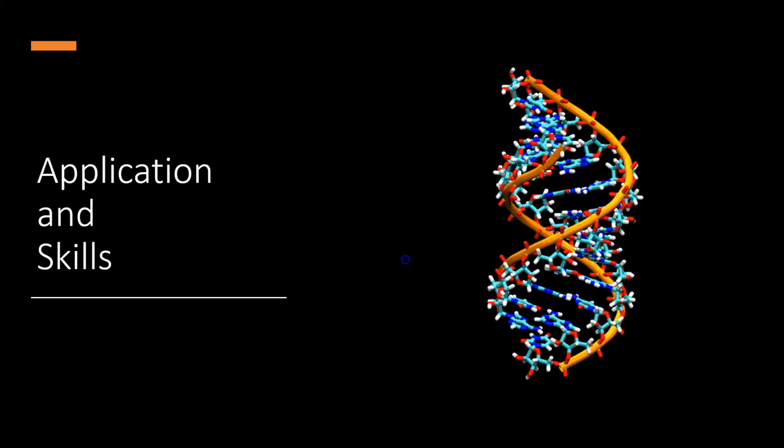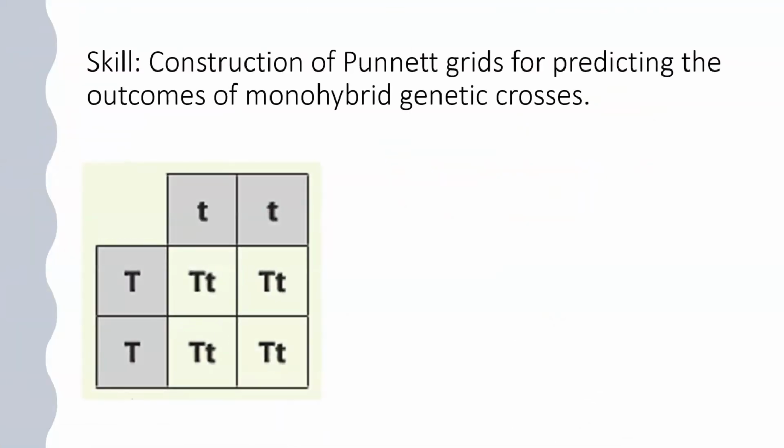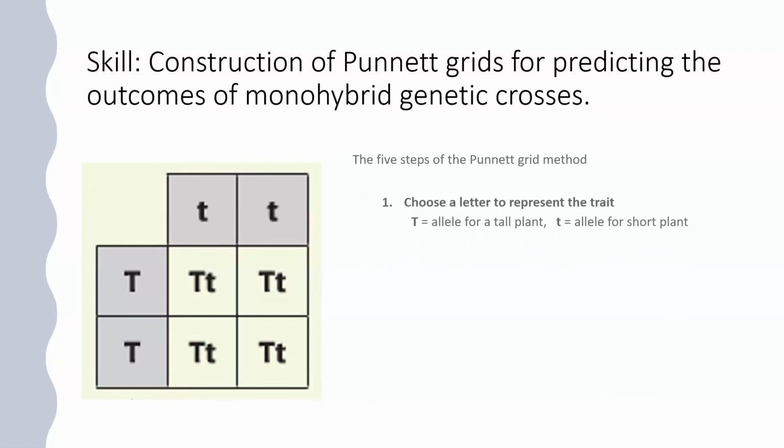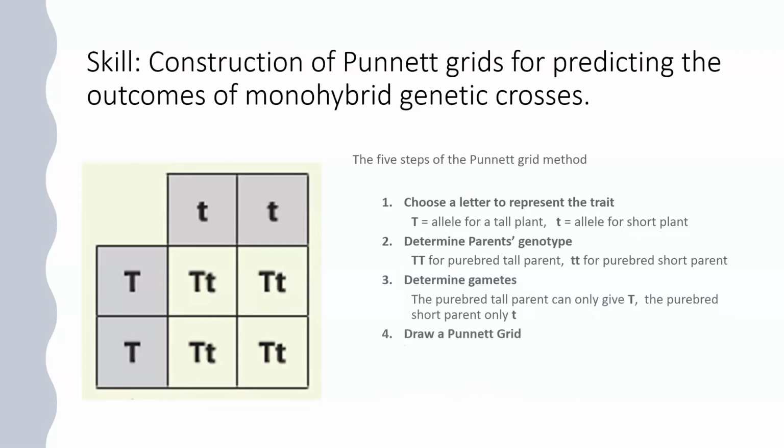All right, moving on then to our applications and skills. So first of all, you need to be able to construct your Punnett squares and see the outcomes of monohybrid genetic crosses. So you choose your letter to represent your alleles, you determine the parents' genotypes, you determine the gametes, you draw your Punnett grid, you interpret your grid, and from there do whatever you need to do.